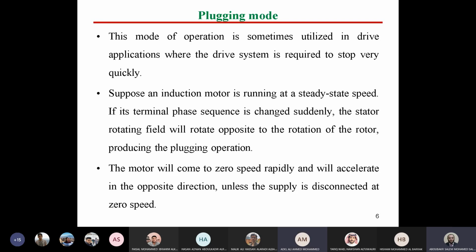So we have to use our brake here. We need braking for very fast stopping because of a sudden event or something dangerous that will happen. So in this case we need the system to be stopped very fast.